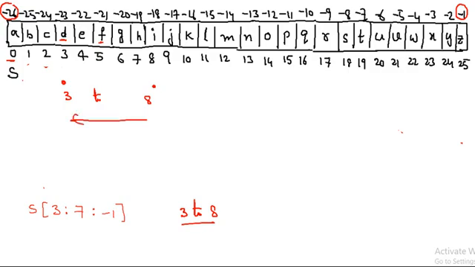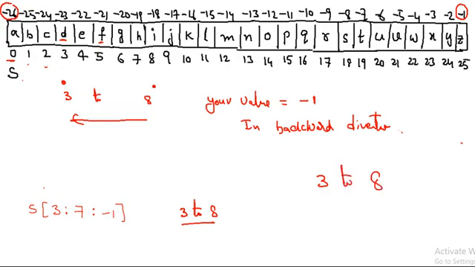But in reverse direction, how can you reach? Because your step value is negative, minus 1, that means the backward direction. How can we travel from index 3 to index 8 in the backward direction?